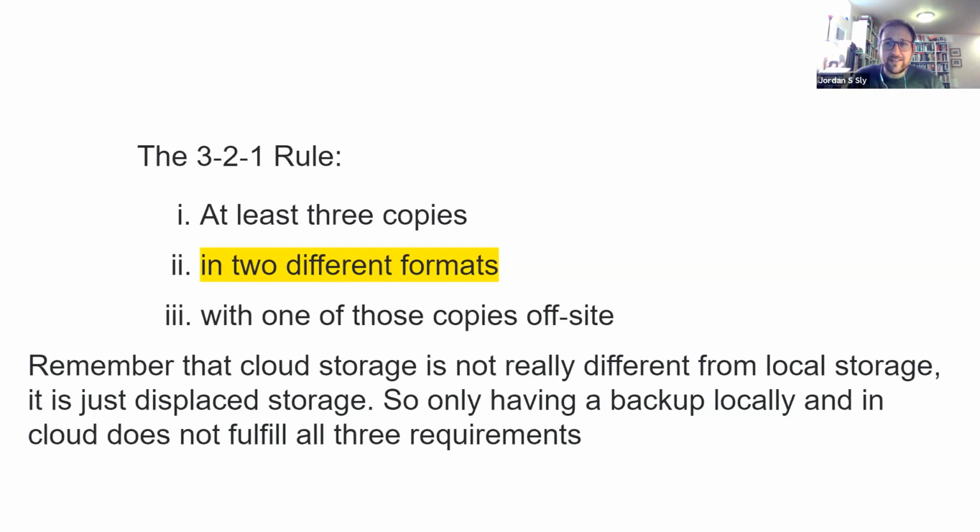Cloud storage is essentially just storing your information on somebody else's computer or a different server. And so it counts as the same thing as local storage in a lot of ways. So the real difference between the 2 different formats would be storing it locally on your computer and then storing it on an external hard drive, something that doesn't have immediate write access to it. Okay, but we'll skip past that here.